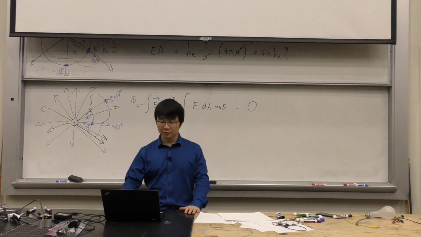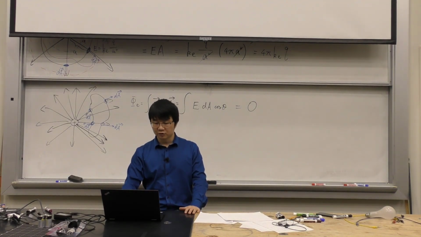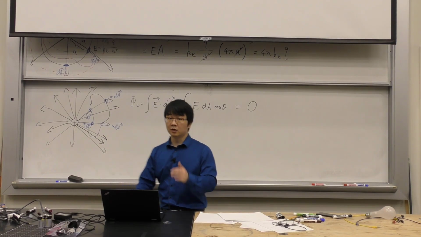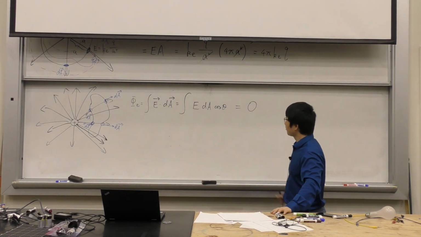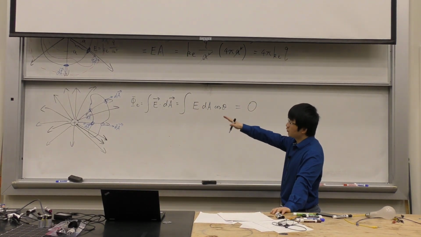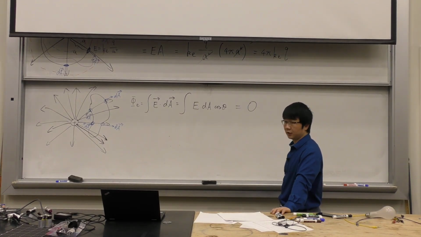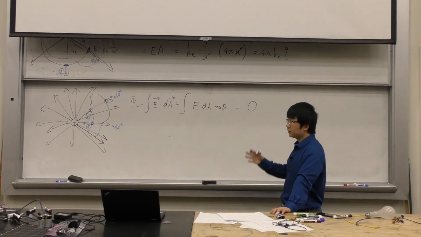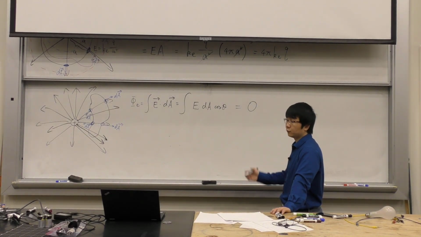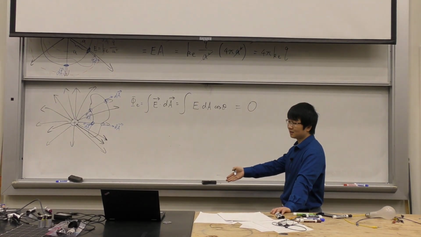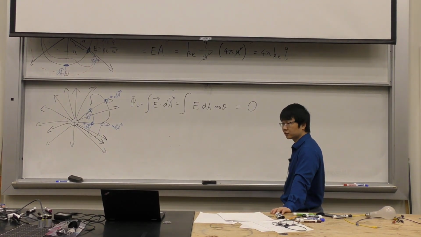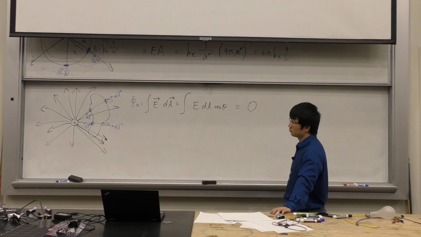And this is a general conclusion again, because for any charge outside the closed surface, you draw the electric field lines. These lines either don't cross this surface at all, or they always enter the surface on one side and then exit the surface on the other side. Positive and negative always cancel out exactly. So you always get a 0.